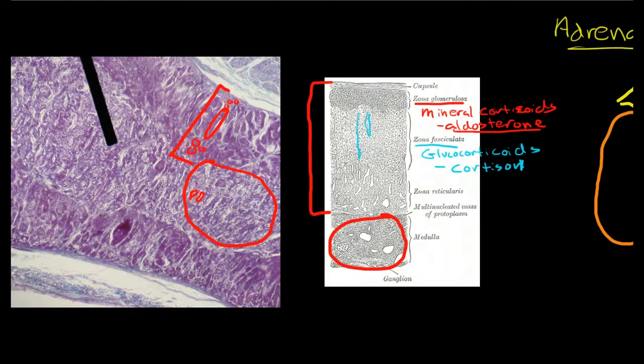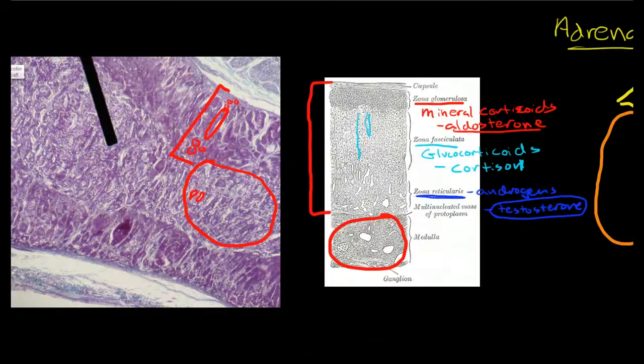And then there is the smaller zona reticularis, and this actually produces androgens, primarily testosterone. Now testosterone is primarily produced in the testes, but there is a small amount that is produced in the zona reticularis of the adrenal glands as well.